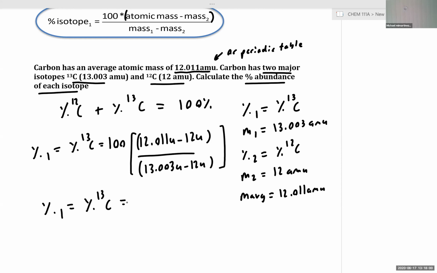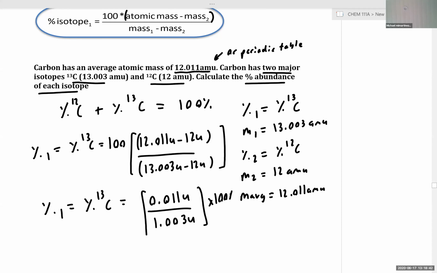Just make sure you're careful with it when you're entering your values into your calculator. So in this top portion, we'd have 0.011 AMU. On this bottom portion, we'd have 1.003 AMU. Note the mass of the carbon-12 nucleus is an exact number.